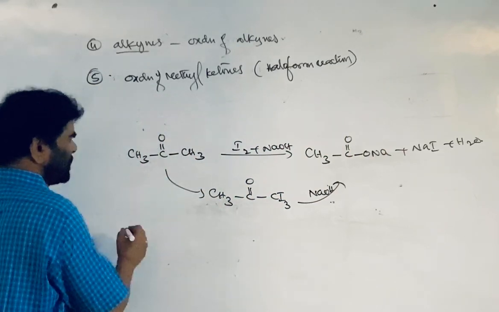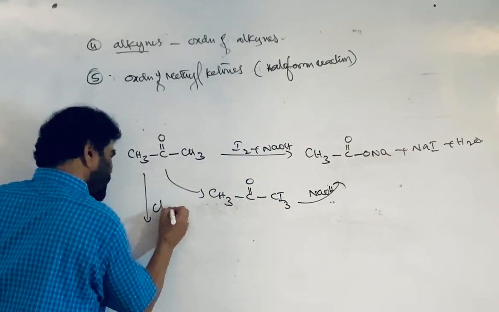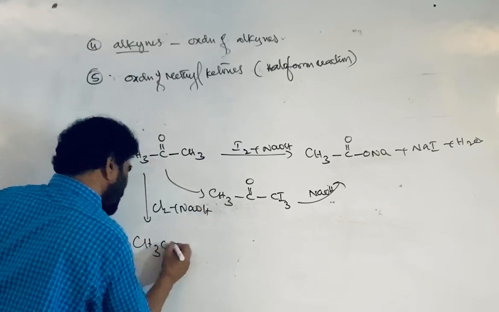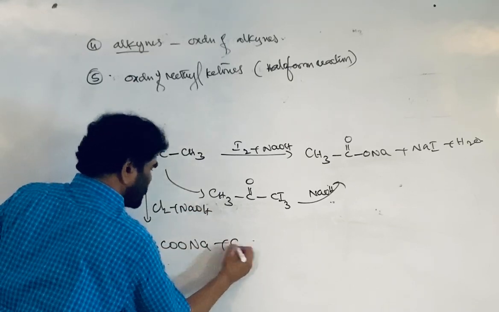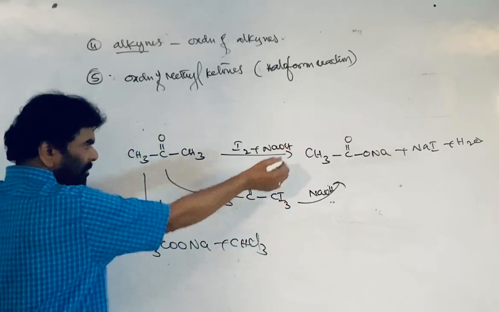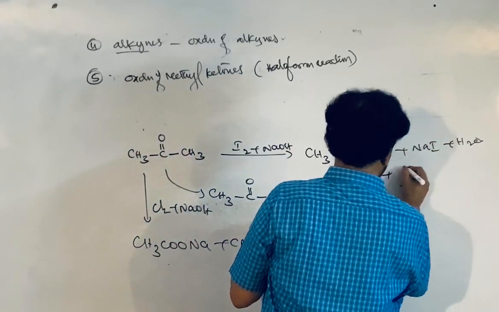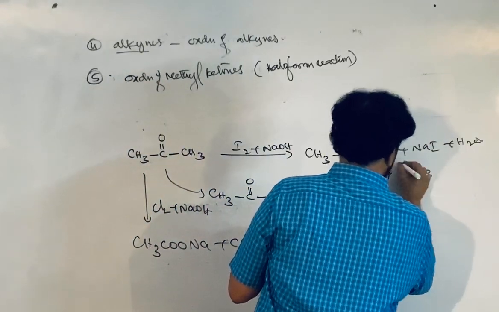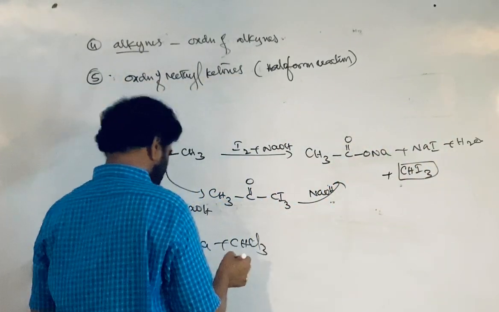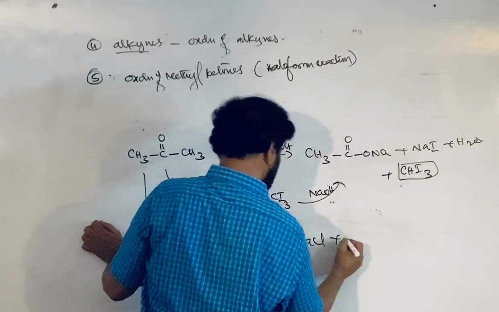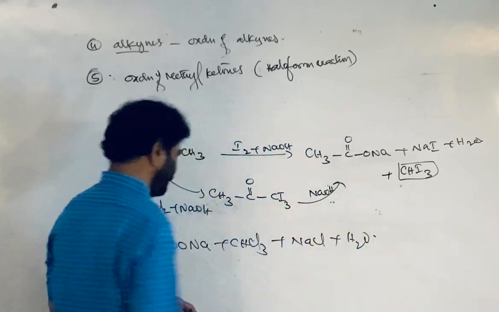So this is the case. If you treat with chlorine plus sodium hydroxide, the byproducts are different: sodium acetate plus chloroform instead of iodoform. Iodoform is CHI3, the main compound is not taken into consideration, and NaCl plus H2O is formed.